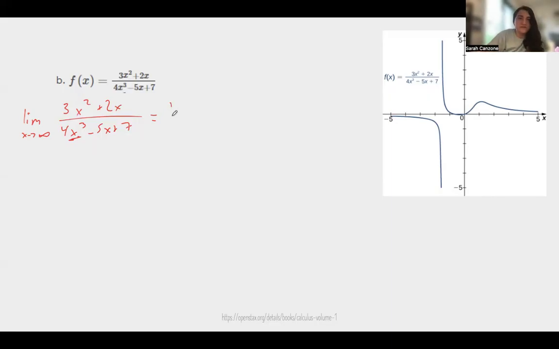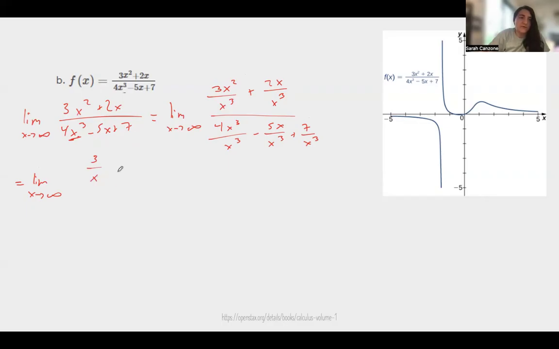So this turns into the limit as x approaches infinity of 3x squared over x cubed plus 2x over x cubed, all over 4x cubed over x cubed minus 5x over x cubed plus 7 over x cubed. Now we'll simplify. The x squared and the x cubed will divide to be 3 over x.